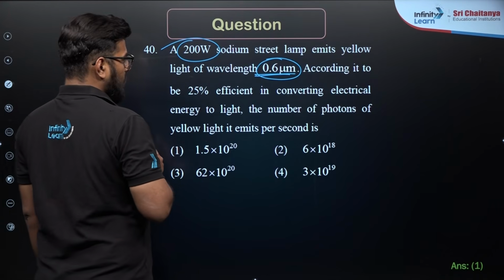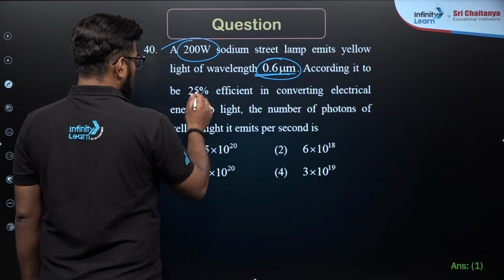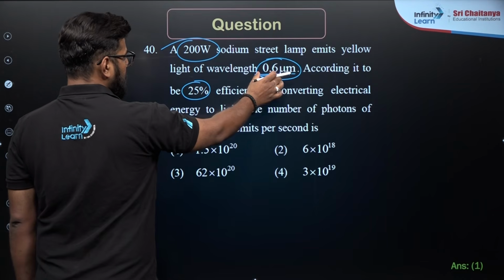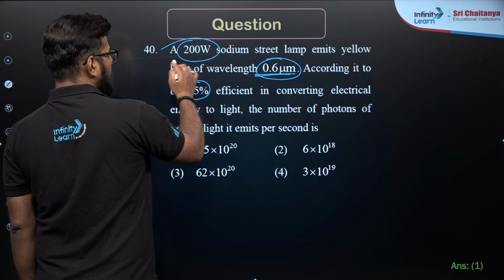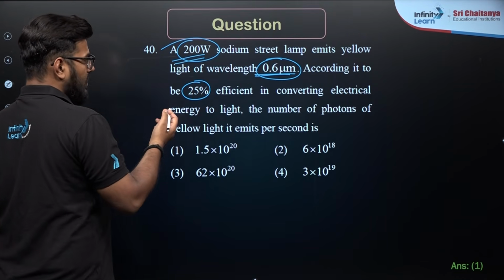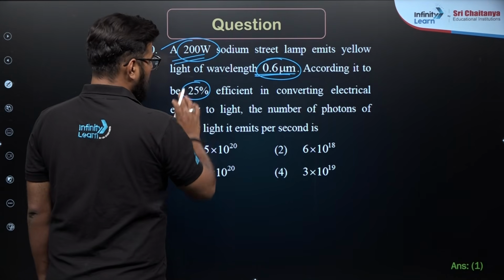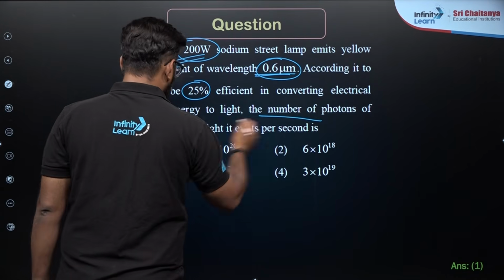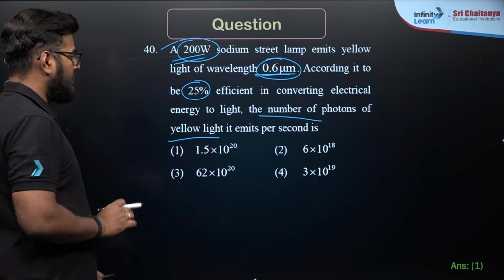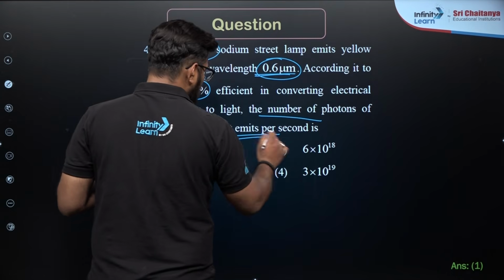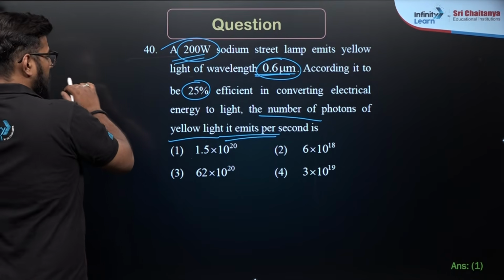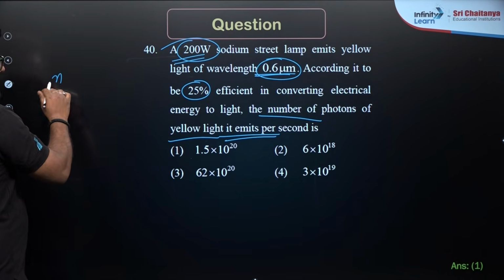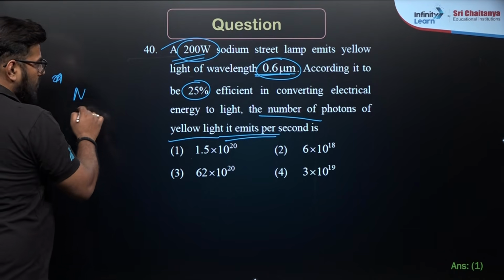Okay, so whatever is the energy over here, 25% of this yields 200 watt. Based on that, you will be able to find out the number of photons which are striking, capital N, small n per second. Let's say small n number of photons are striking per second.